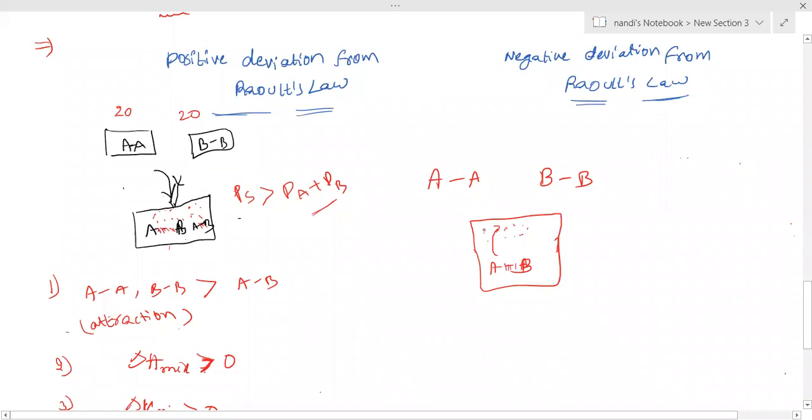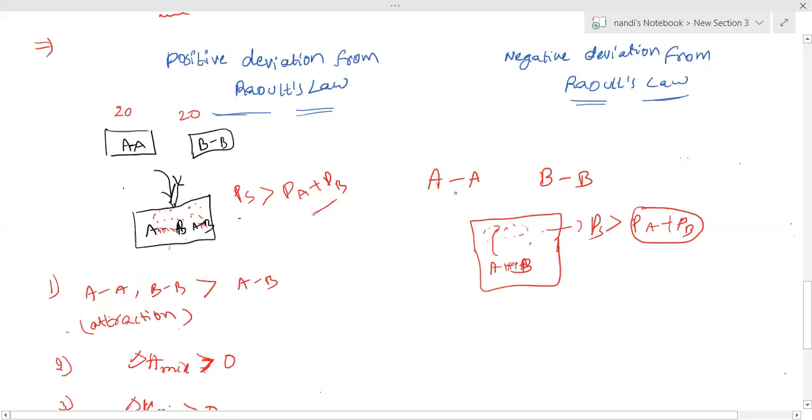When they are evaporating easily, you will get more vapor pressure, PS. PS is the sum of the vapor pressures, PA plus PB. That sum is what we expect in the ideal case, but we are getting more vapor pressure. Reason: this attraction is weaker.